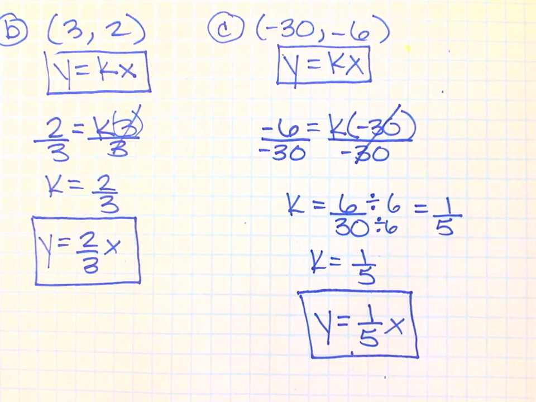Okay, so that's another type of example. Example 3. The directions say tell whether y varies directly with x.